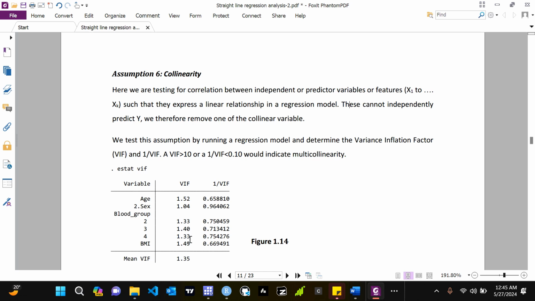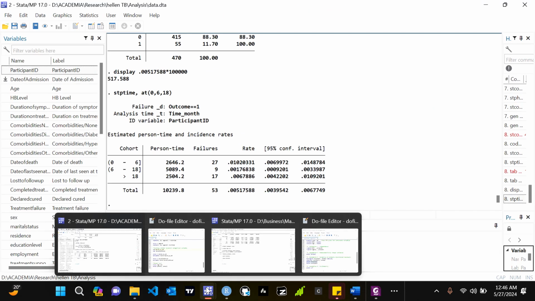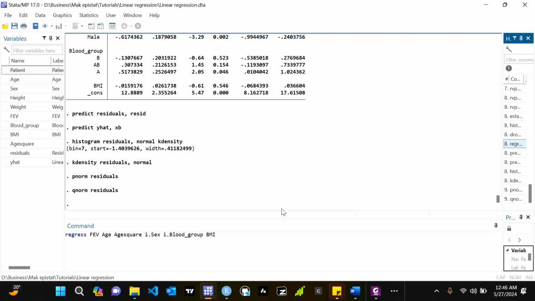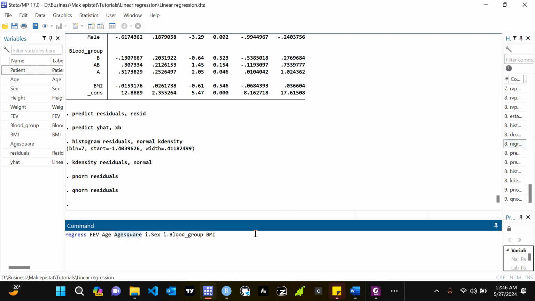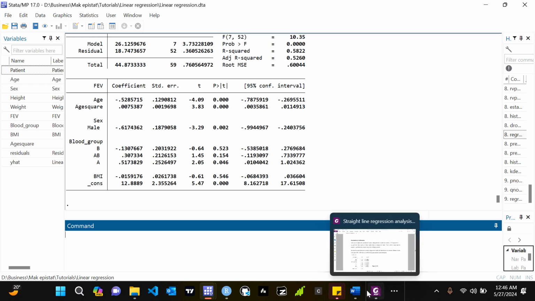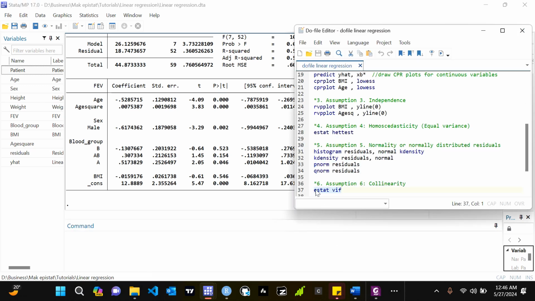So for this case, I'll give you an example and show you. Let's run our regression model and then estimate the variance inflation factor.